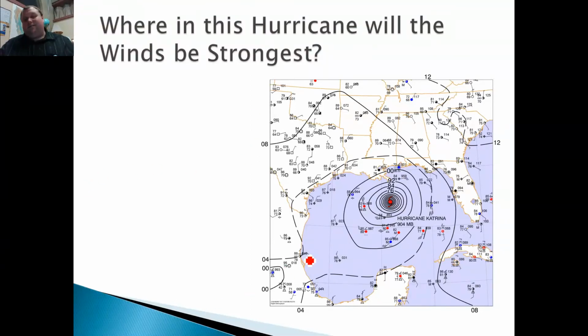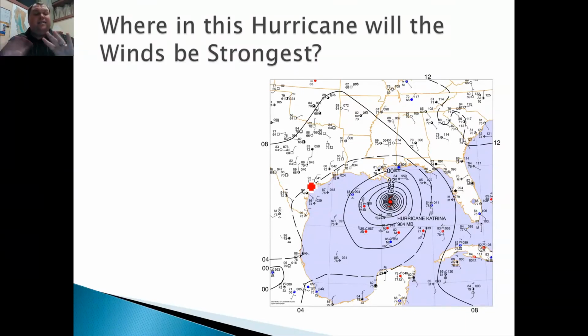They only dash the 1004 millibar isobar. They only dash the 996 isobar and so on. And I think they do that simply because the hurricane pressure changes so much between the center and the exterior. But let's not worry about that right now.